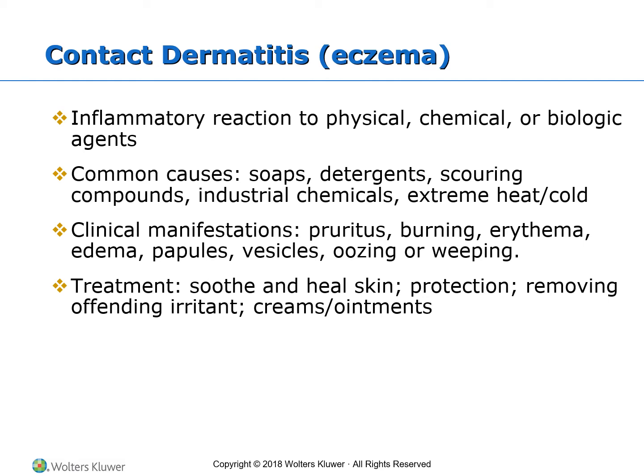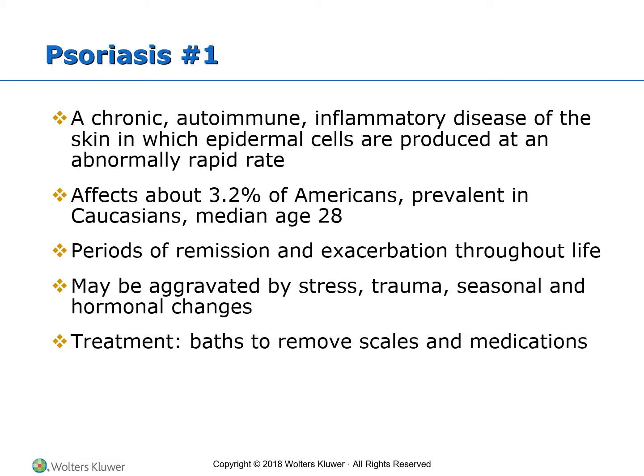Treatment is to soothe and heal the skin, protect the skin, put protective ointments on there, remove whatever the irritant is, so identify and remove the irritant. And then keep the skin nice and dry and put moisturizer on it, ointments. They can get corticosteroid ointments, which will help with the swelling, and just do what you can not to get an infection.